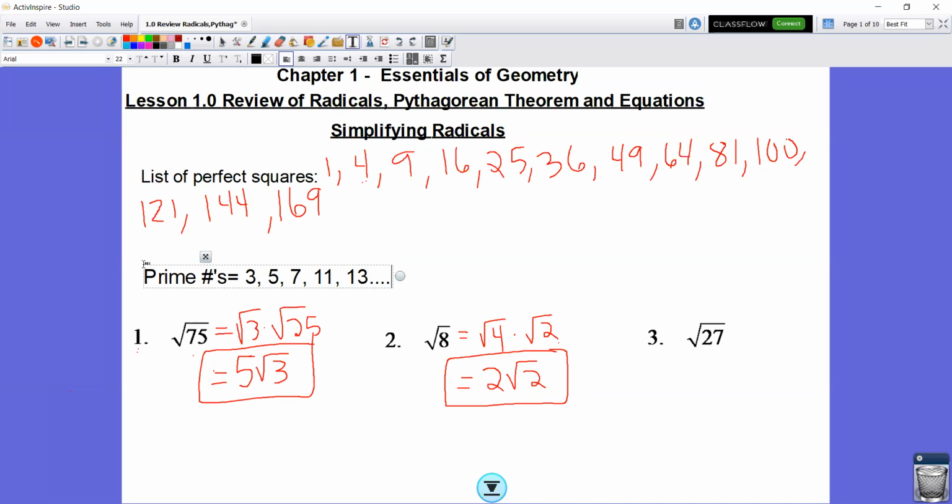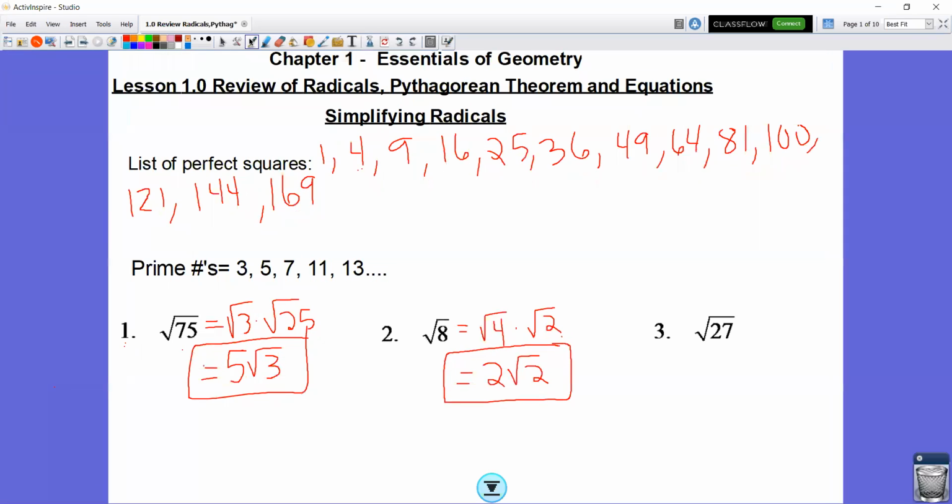So for 27, I would start with the smallest prime number and say that's 3 and 9. And 9 can be broken down to 3 and 3. So when you do prime factorization, it's really important that the numbers at the very end are all prime.